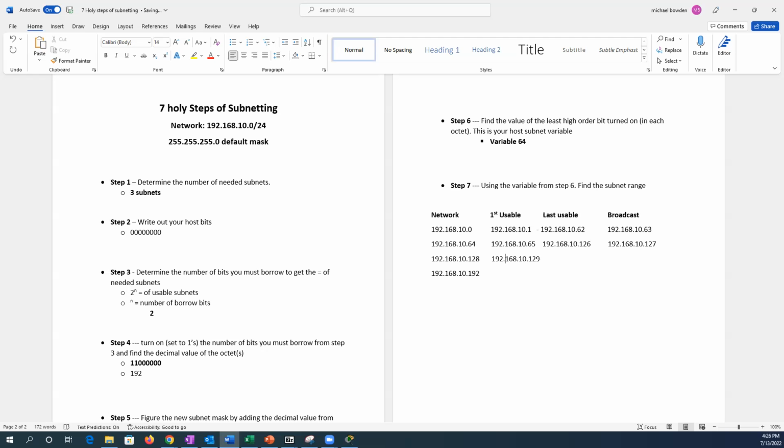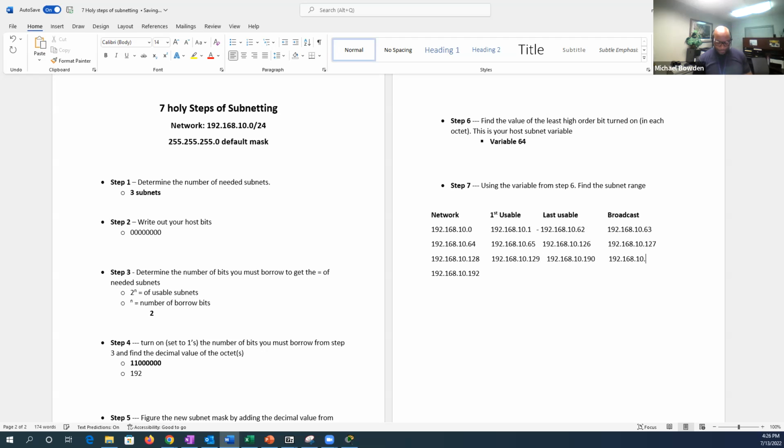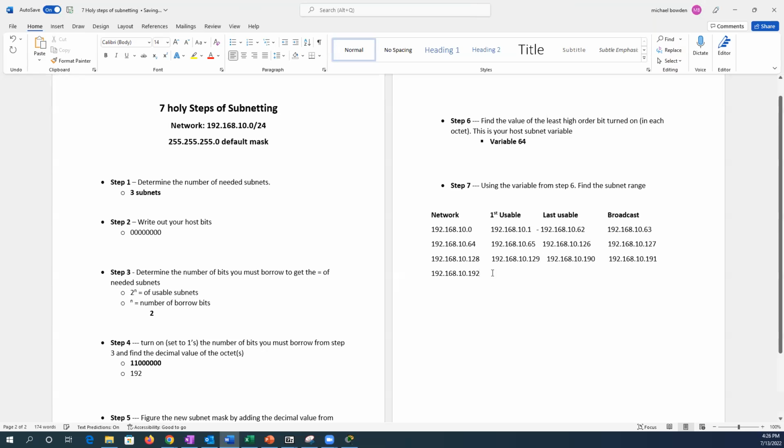So say the second network here, 192.168.10.64, or one less would be the broadcast of the first network. And you can do that all the way down. You get the network and broadcast, and then you can fill in what the first usable and last usable address is. And for students, sometimes they don't grasp it if you're talking to them, but they grasp it quicker if they do the problem themselves and write it out.